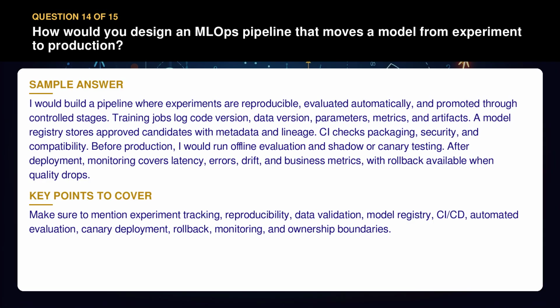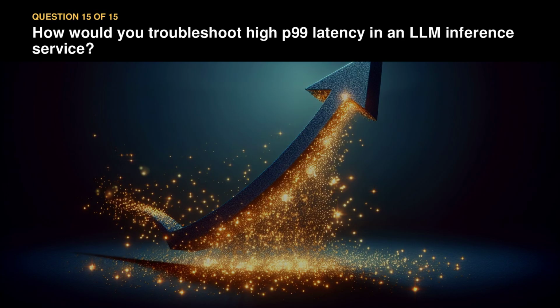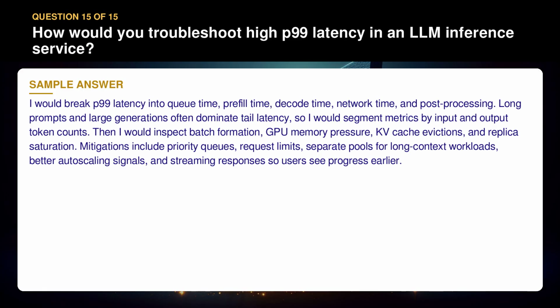boundaries. Question 15. How would you troubleshoot high P99 latency in an LLM inference service? I would break P99 latency into queue time, prefill time, decode time, network time, and post-processing. Long prompts and large generations often dominate tail latency, so I would segment metrics by input and output token counts.